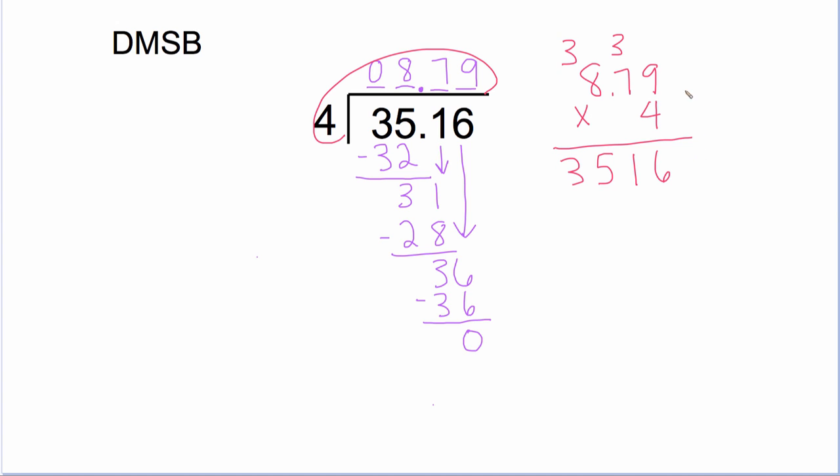In decimal multiplication, you need to count the digits behind any decimal, so we have 2 digits here, so that means we need to move our decimal in 2 times. 1, 2. 35 and 16/100ths matches right up with 35 and 16/100ths, so we did it right.